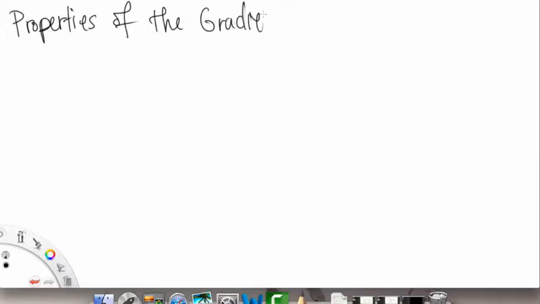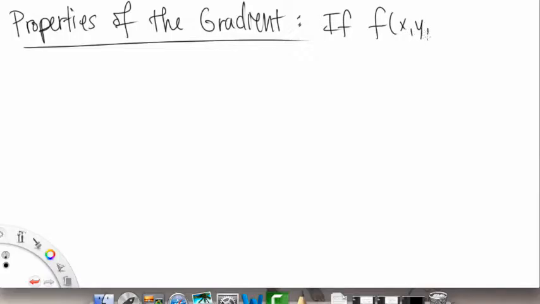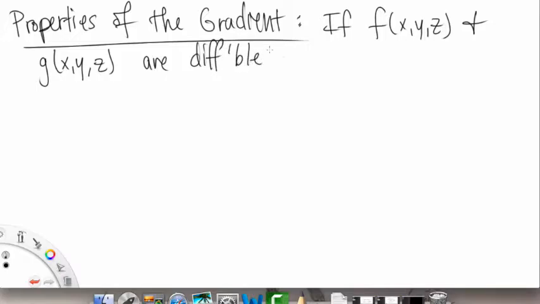Okay, so now let's go over some properties of the gradient. Before we start with properties, we're going to assume that f(x, y, z), a multivariable function, and g(x, y, z), another multivariable function, are differentiable, and c is a constant.